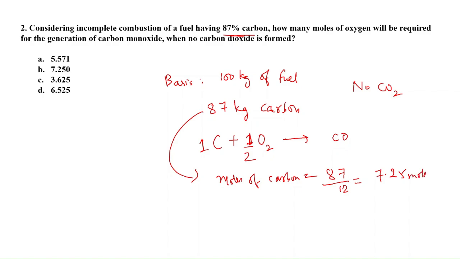So 7.25 moles of carbon is present in the fuel. If 1 mole of carbon requires half mole of oxygen, then 7.25 moles will require 7.25 by 2 moles. That is 3.625 moles of oxygen.